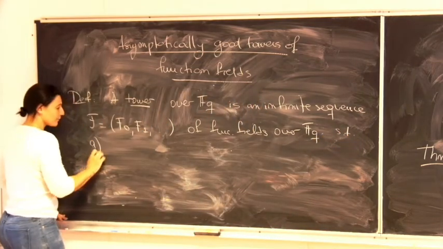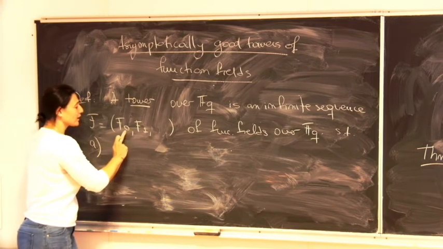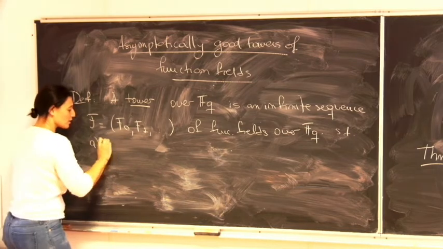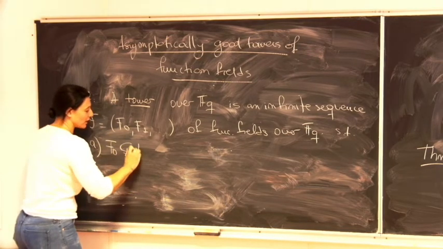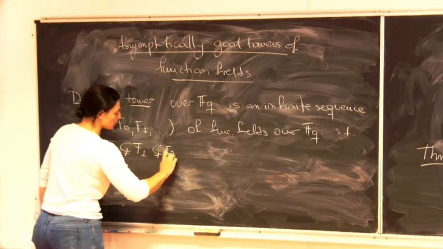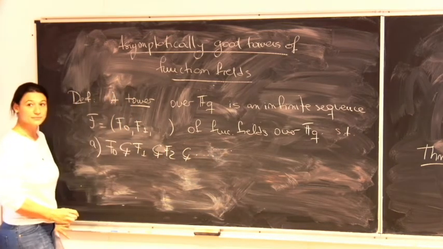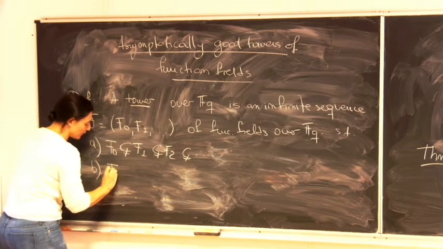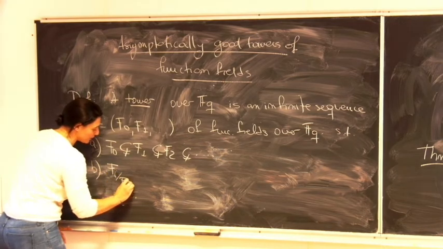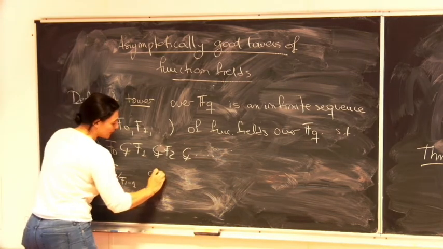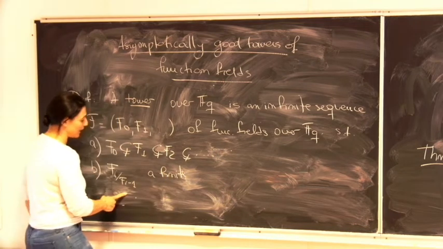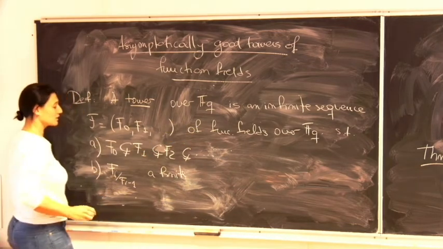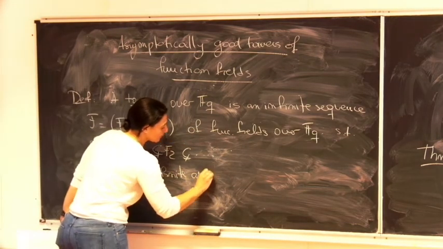first, all the fields are strictly contained in the next one. So I have that F_0 is strictly contained in F_1, strictly contained in F_2, and I have to go on like this. The second is that all the extensions, if I look at F_i over F_{i-1}, this has to be finite, of course, because both of them are finite extensions of the rational function field, because they are function fields, finite and separable.